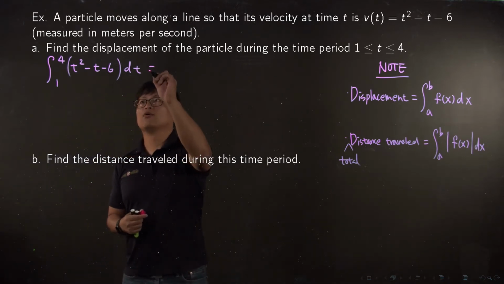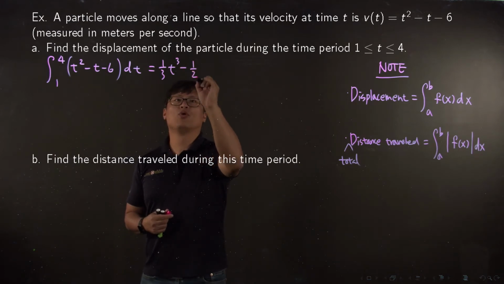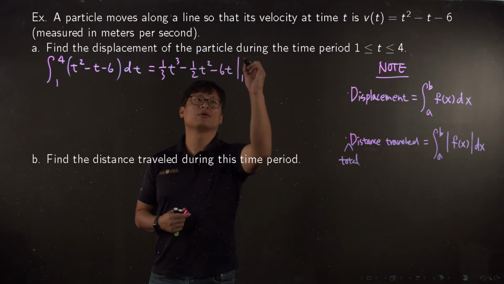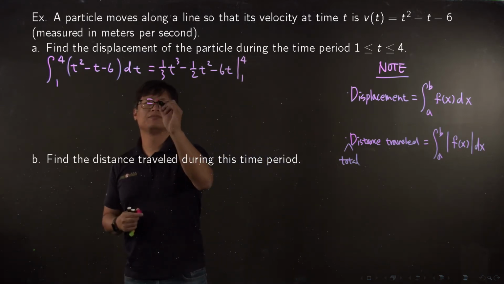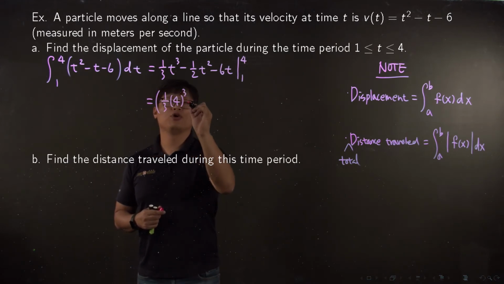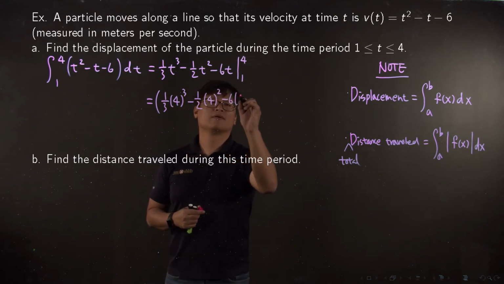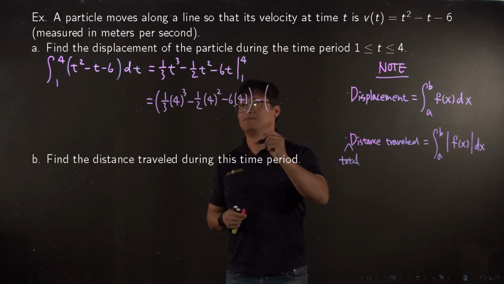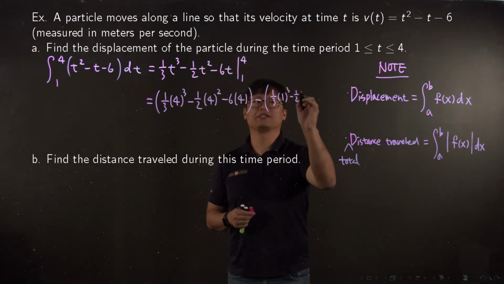It is equal to 1/3 t cubed minus 1/2 t squared minus 6t, and we're going to plug in 1 and 4. Okay, plug in 4 first. 1/3 times 4 cubed, minus 1/2 times 4 squared, minus 6 times 4, and minus, plug in 1 now. 1/3... I don't have enough space.